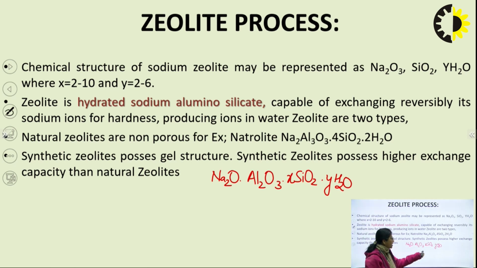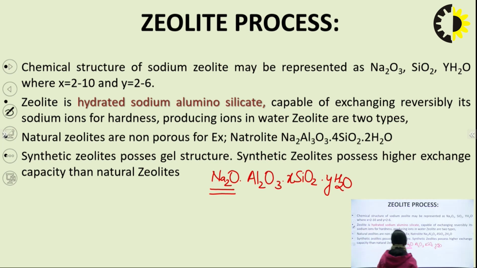The value of x can vary from 2 to 10 and the value of y can vary from 2 to 6. In general, these zeolites are hydrated sodium aluminosilicate minerals and they are capable of exchanging their sodium ions reversibly for the hardness producing ions which are present in water.